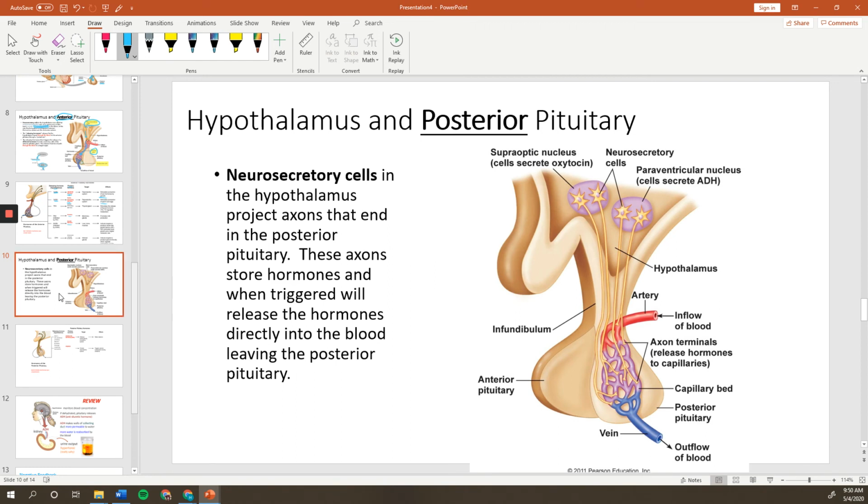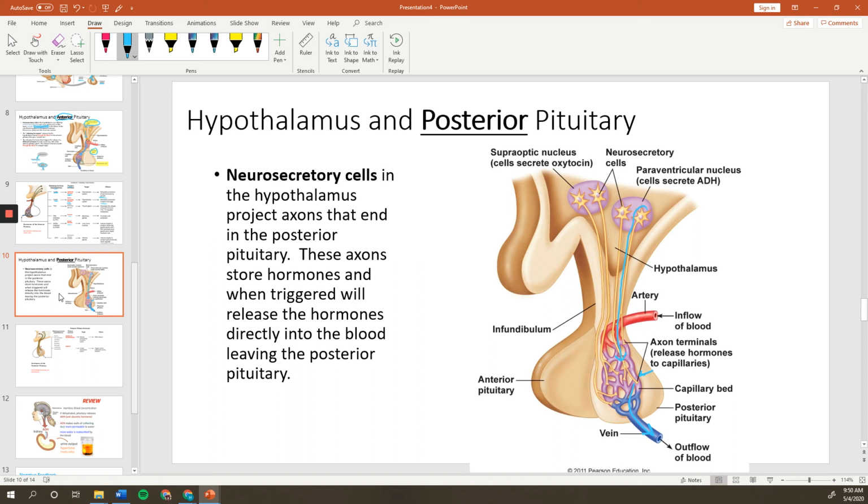For the posterior pituitary, it's a little bit different. These neurosecretory cells transmit the signal directly down here and release the hormone that's stored in these axons directly into the capillary system in the pituitary, and then the hormone goes directly into the blood and wherever it needs to go in the body. So there is no middleman step there.